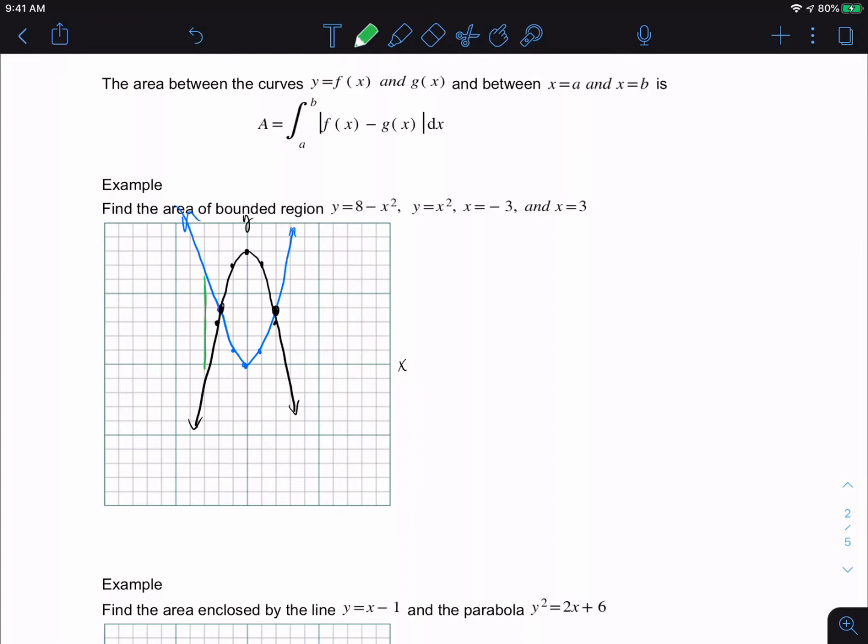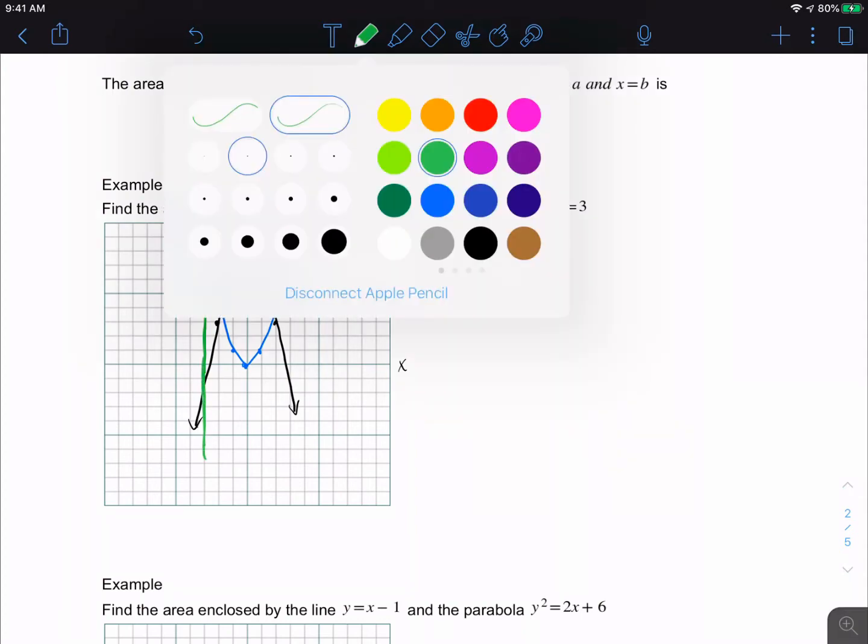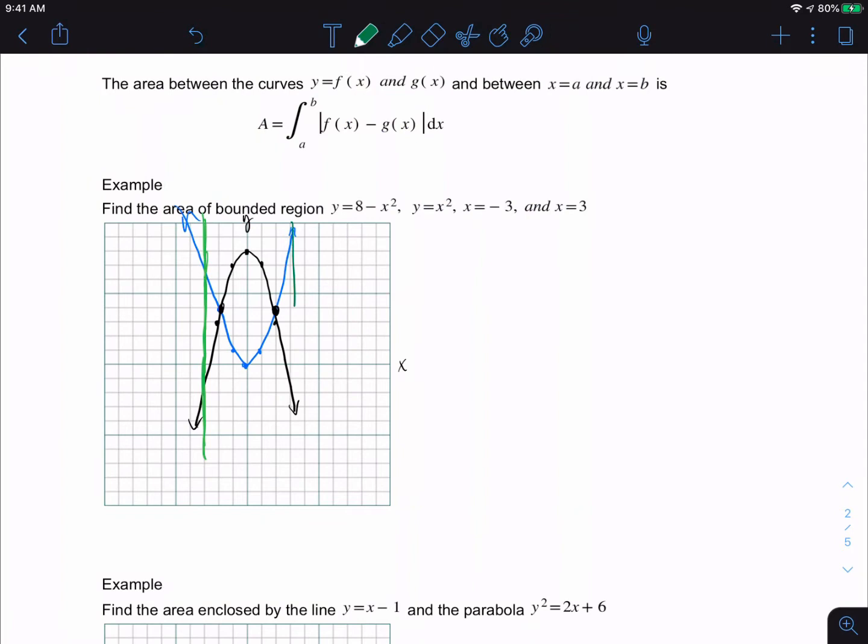That'll be this line right here, right? And it will continue to go on forever. And then I'll do this one in green over here, like that. One of the things I want to stress is that we should do what's called a cross-sectional slice.